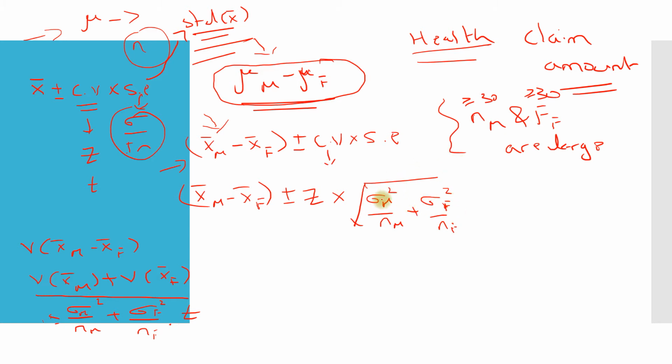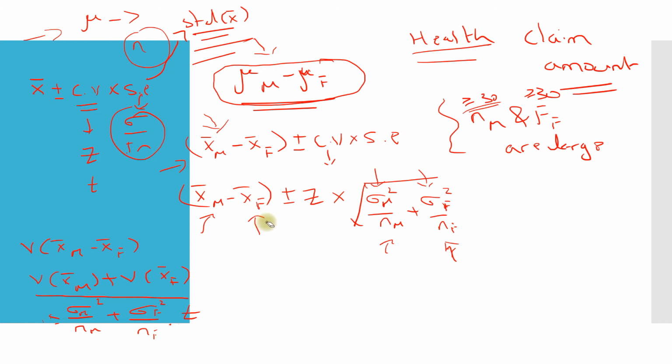So this is how you get your confidence interval. You have to look at the question that is given to you. If your sample sizes are large, then you need to have this information, sigma squared f, sigma squared m, and the sample sizes. If this information is available, it becomes straightforward because z will depend on the confidence level that you are computing.